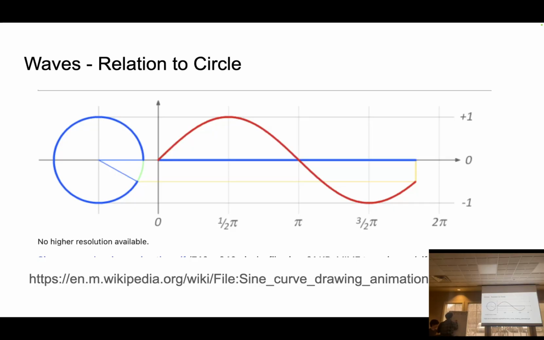So again, the shape of a sine wave goes like this. Up, down, back to middle. Up, down, back to middle. So there is a very close relationship, y'all. There's a close relationship between circles and sine waves, all right?